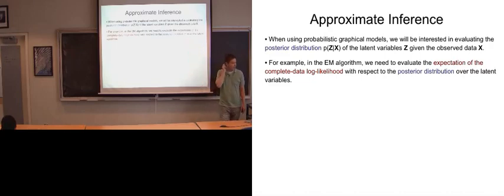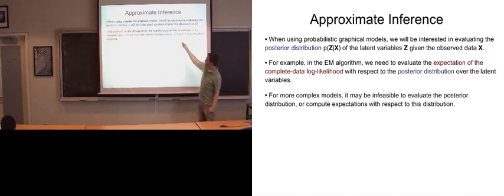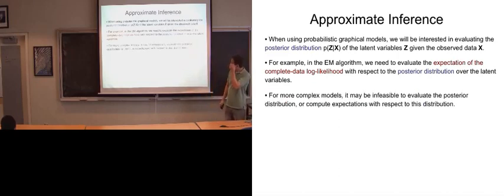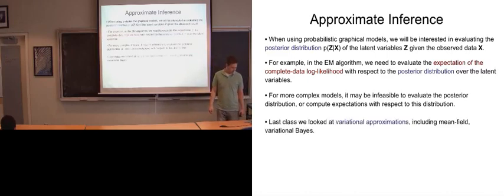So somehow we have to be able to compute these expectations or have some approximation to the posterior distribution. For complex models, evaluation of the posterior distribution might not be possible, or even computing expectation with respect to the distribution might not be possible.